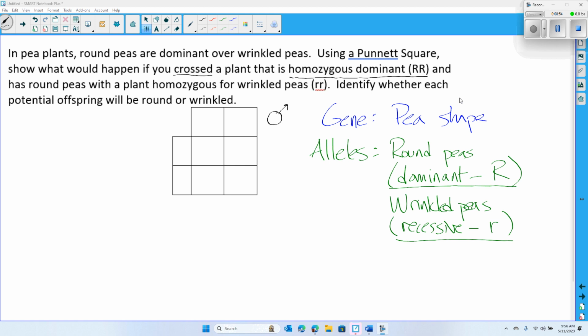Those will separate, and we'll end up with 4 possible types of gametes. Each of those gametes has the exact same allele on it because the parent cell had 2 copies of the exact same allele. So that means one of the gamete types is going to have a dominant allele, and the other gamete type is also going to have a dominant allele.